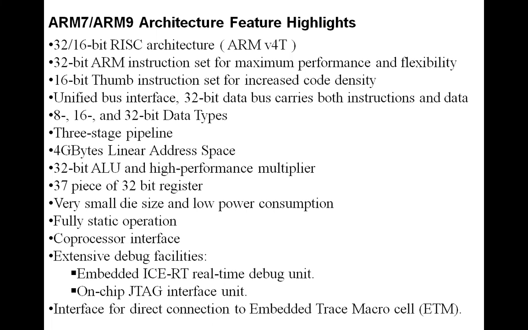This ARM7 is a 32-bit or a 16-bit core because it can work in either 32-bit mode as well as 16-bit mode. That's why it is written like this: 32-bit or 16-bit RISC architecture.